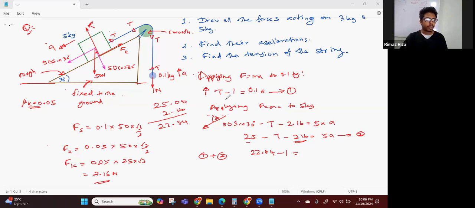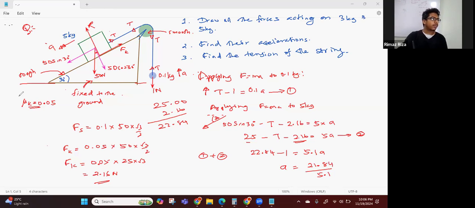So I add equation 1 and 2. So plus t and minus t cancel. And here, subtract 1 equals 5a and 0.1a, 5.1a. Therefore, a equals 21.84 divided by 5.1.